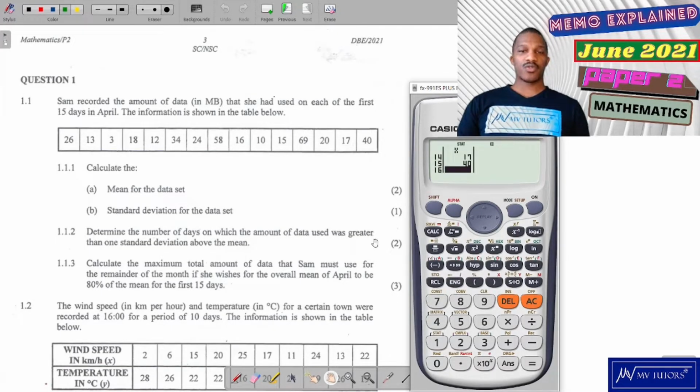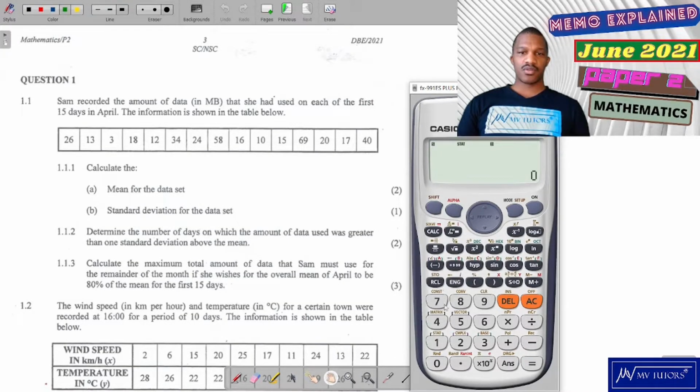Cool, now that you filled it in, you can press AC. It's just clearing the screen, but the data is still there in the calculator. So to get the mean, you press shift. You need shift to get access to the brown things, and alpha for the red ones.